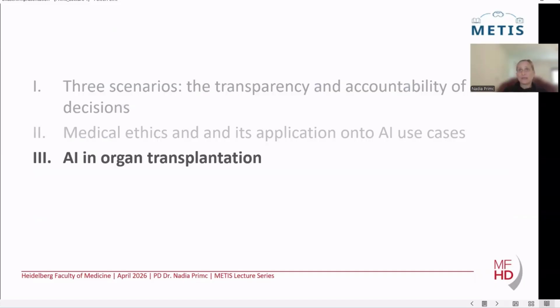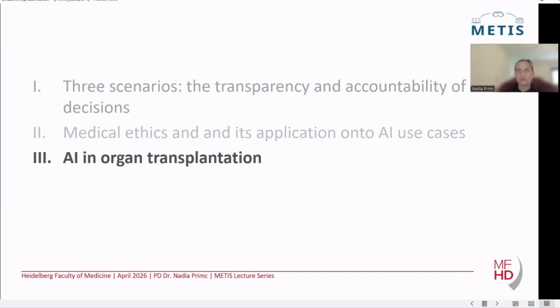And to briefly exemplify this gap, I want to draw on an example from my own research, namely the implementation of AI and prognostic models in the field of organ transplantation. Together with colleagues from different countries, disciplines, and institutions, we are currently developing an ethical framework for AI in organ transplantation, because organ transplantation, like many other domains within medicine, is a domain where AI applications are growing rapidly.